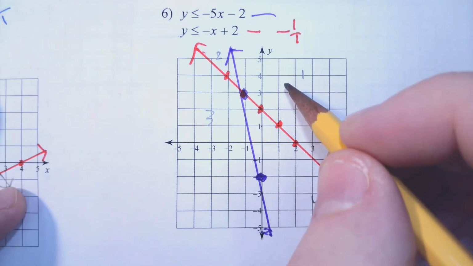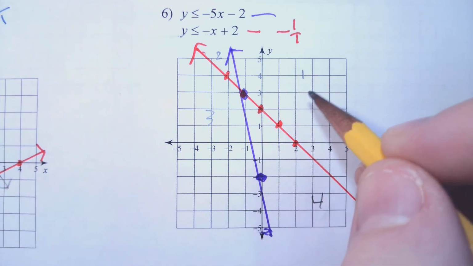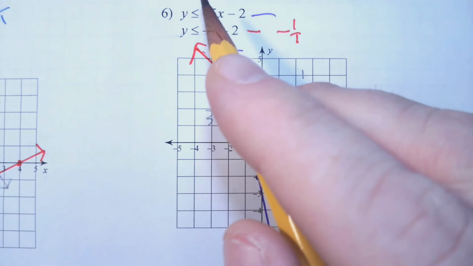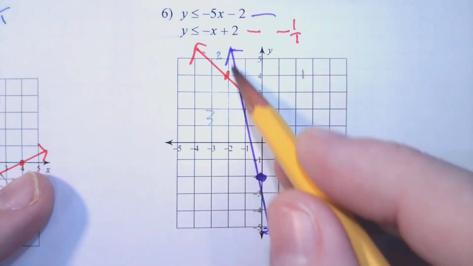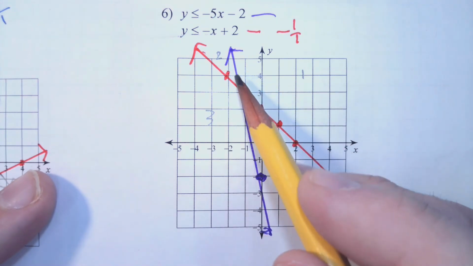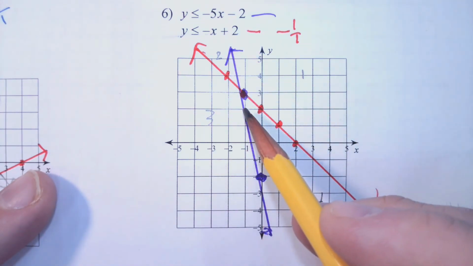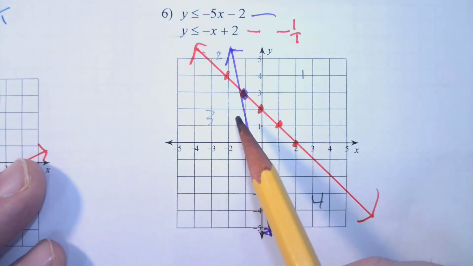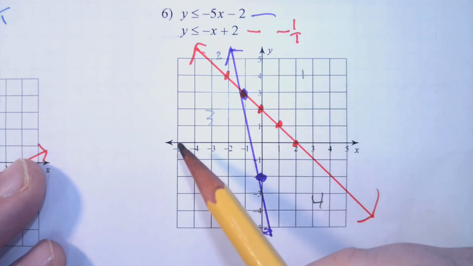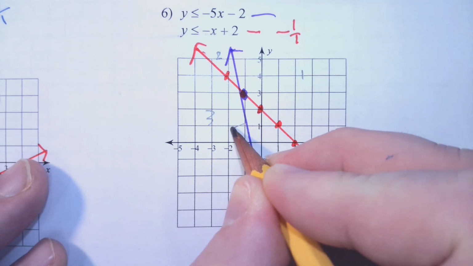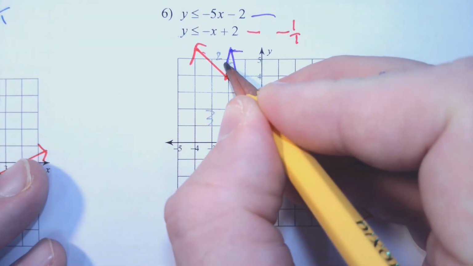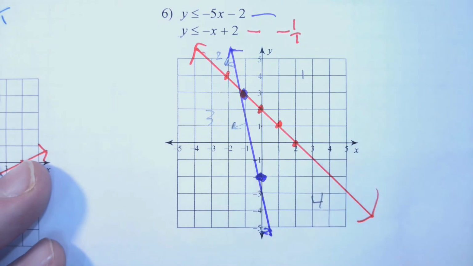All right, so they're both less than. So I'm going to start with less than. So purple is almost straight up and down, but not quite. So it looks to me like the roof would be, that's the outside, and that would be the inside of the house. So I'm either going to color here or here. Okay, try to do red by yourself and figure out where to color.